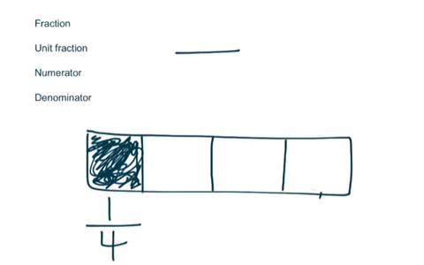If I said how many pieces are not colored in, well, then we count how many pieces are not colored in. 1, 2, 3. And then that's our numerator. And how many pieces are there in all? 1, 2, 3, 4. So if I said how many pieces are colored in, 1/4 of the bar is colored in. How much of the bar is not colored in? 3/4 of the bar is not colored in.